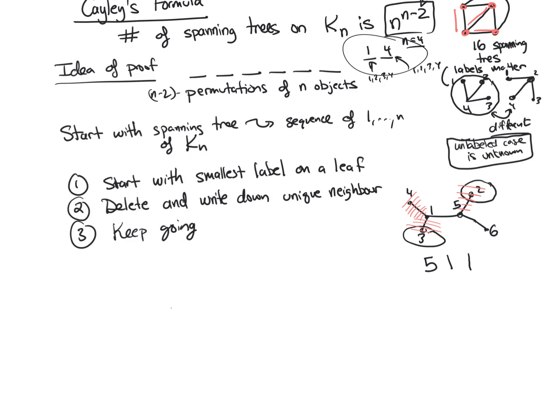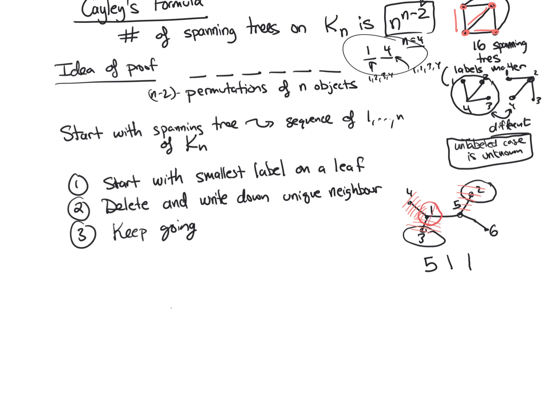Now again, we keep going. Notice that before, 1 was not a leaf of the tree, but if we remove 3 and 4, it has become a leaf.